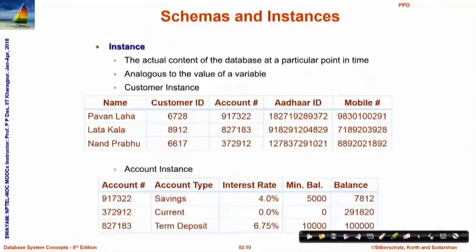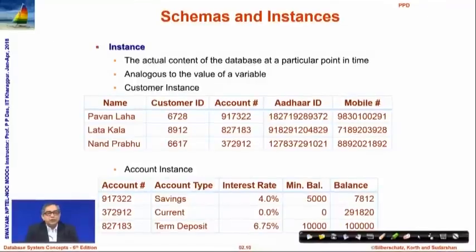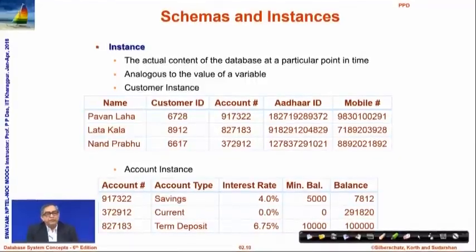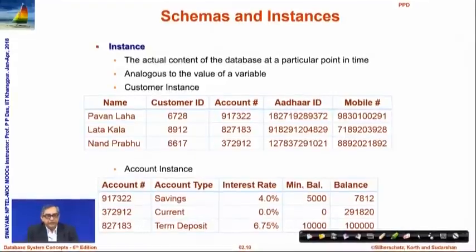Now, based on this schema, specific instances of databases happen. Instances are when you have actually populated different records according to the schema. Naturally, once the schema is fixed, your records will need to have values in all of those fields that the schema has, and every value must be of the type that the particular field is specified with.